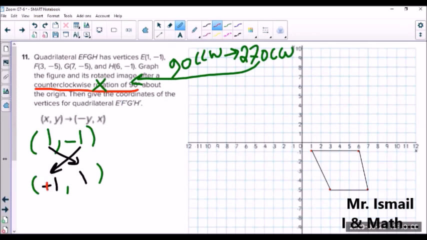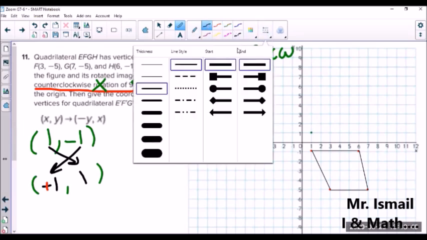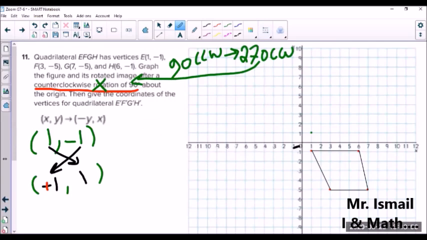So (1, 1), and I put the point (1, 1) here. This is E prime.